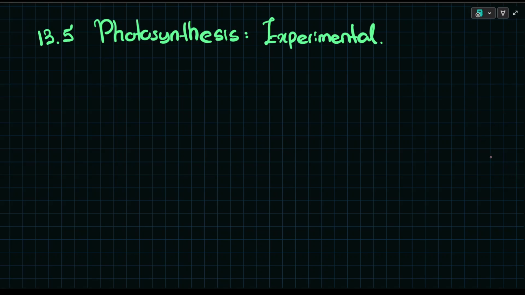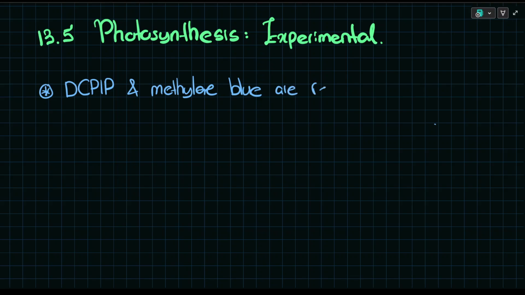Now, I will start off by explaining DCPIP and methylene blue. Might sound like gibberish, but it's simple. DCPIP and methylene blue are redox indicators that undergo a color change.